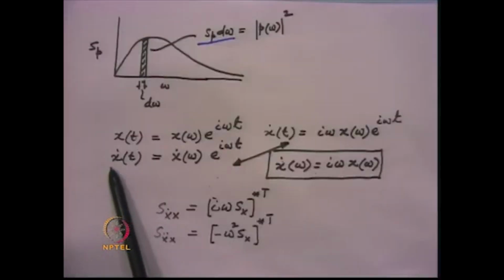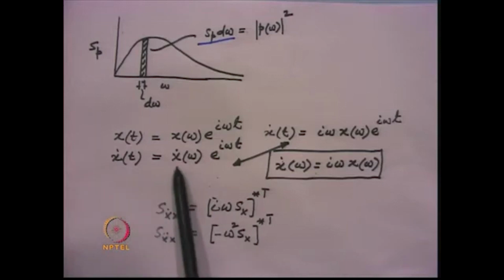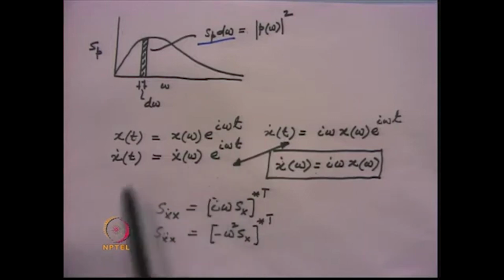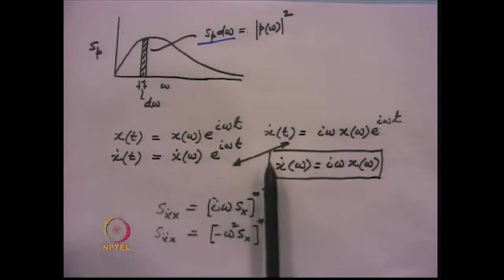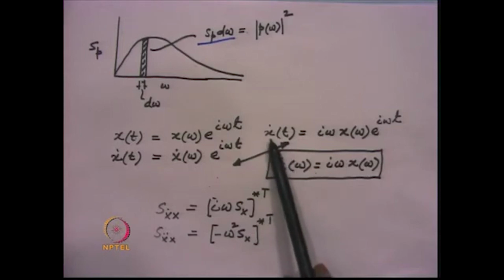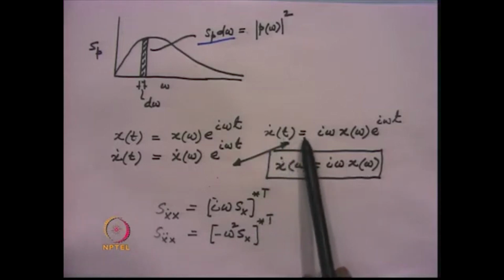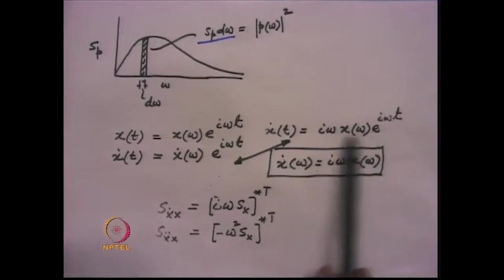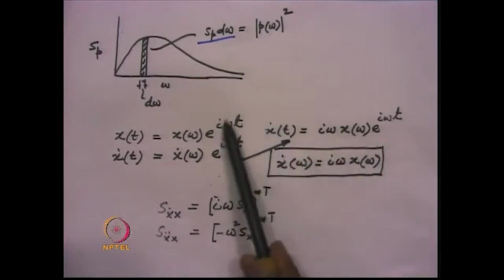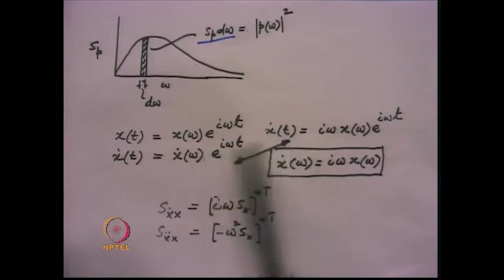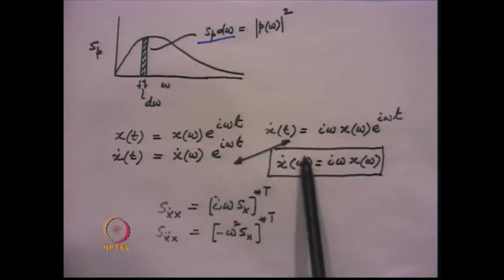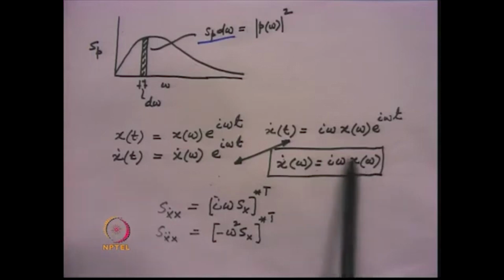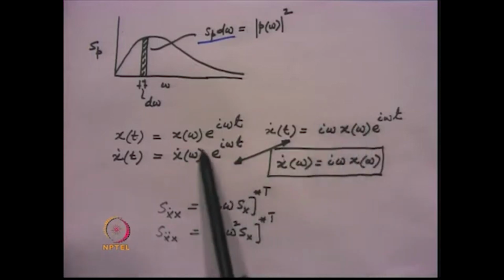Now, if I differentiate it with respect to t, then x dot t will be equal to x dot omega e to the power I omega t, and also we know that x dot t is equal to I omega x omega e to the power I omega t, that is coming from the differentiation of this. Now, if these two are equal, then one can write down x dot omega is equal to I omega x omega, that means this is equal to this.